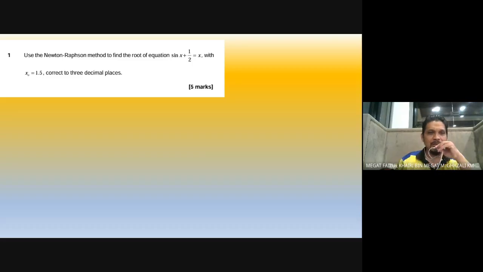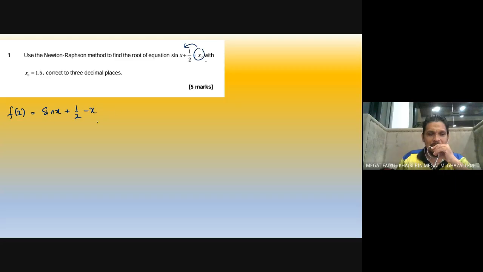Use the Newton-Raphson method to find the root of sine x plus 1 over 2 minus x, and make it equal to 0. So this is your f(x). The idea is to bring this x to the left side, where it becomes negative, and make it equal to 0.